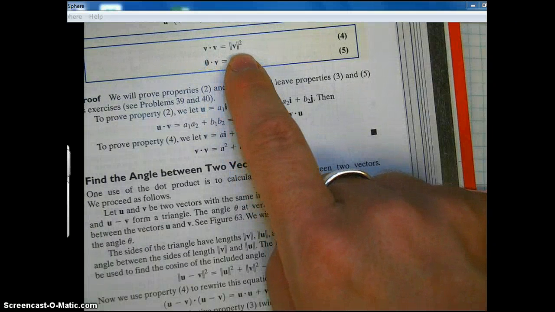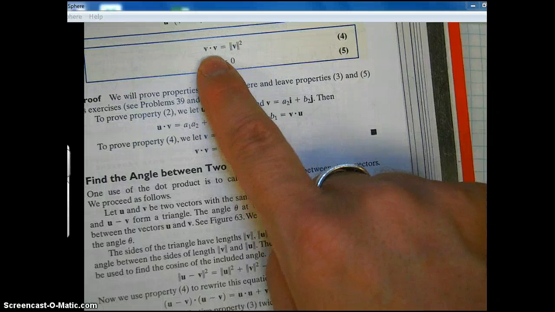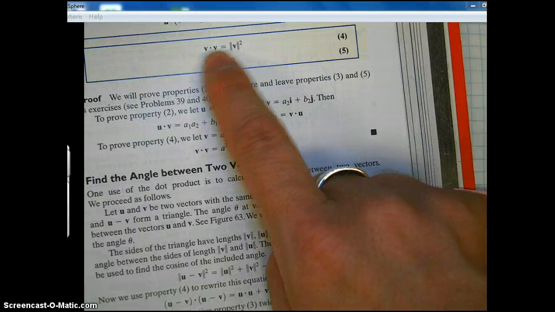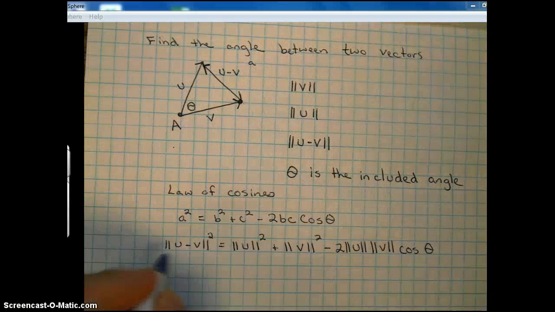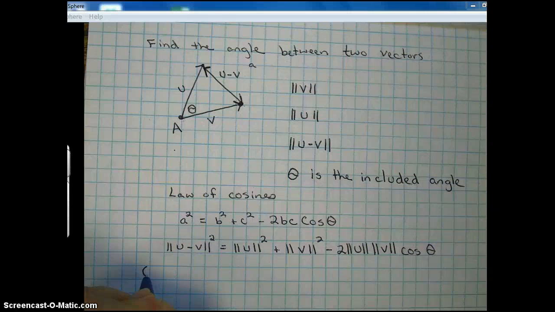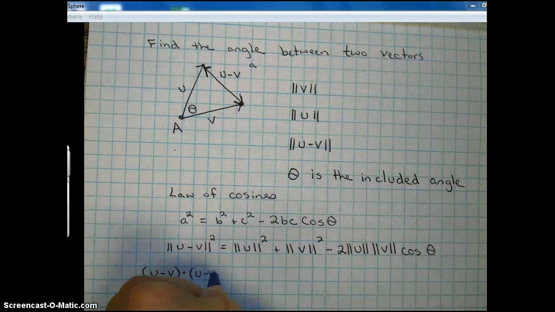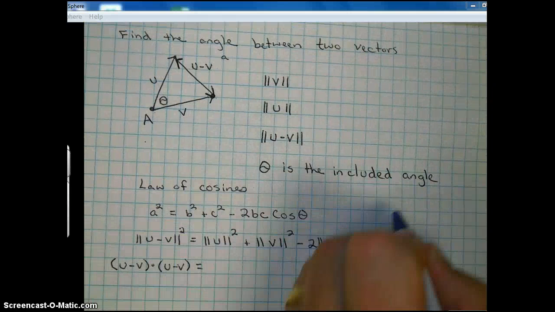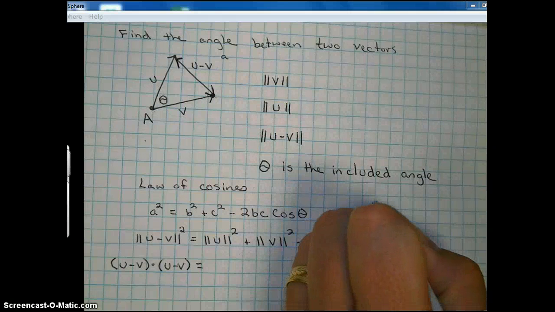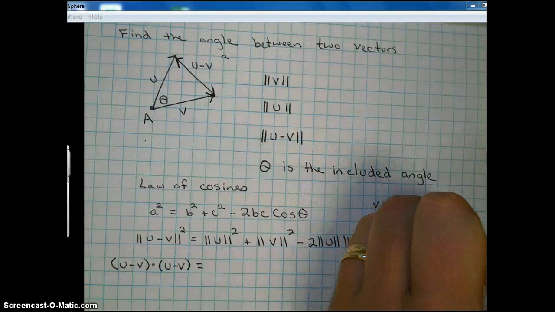When we have a magnitude squared, we take that vector inside times itself. So we're going to have u minus v times u minus v equals, using that same property, let me write it over here, v times v equals the magnitude of v squared.